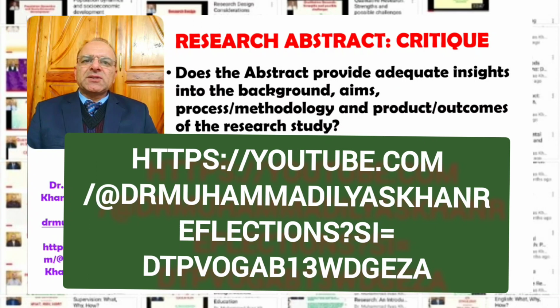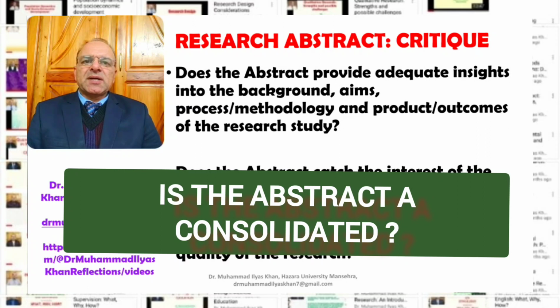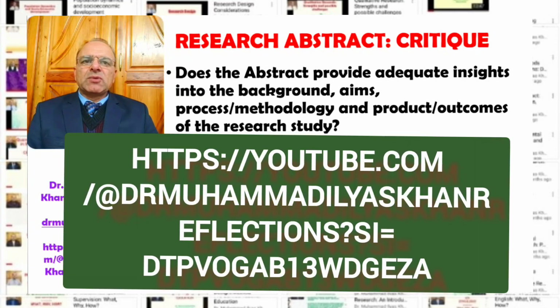If the research abstract has this information briefly but succinctly, related to the background, the aims of the research, the methodology, and ultimately the outcomes of the research, that will be considered a useful abstract. On the other hand, if there are problems in presenting this information, in that case, it will not be considered a useful research abstract.